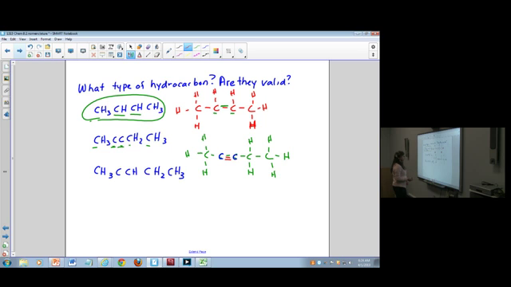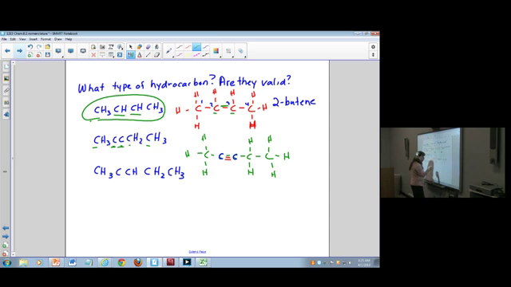Now, what would I call this particular structure? Oh, I should probably name both of these. What is this structure? This first structure, if we number our carbons, 1, 2, 3, 4, this is 2-butene. What would this structure be?